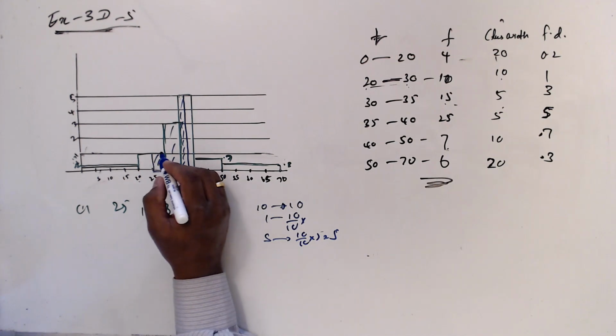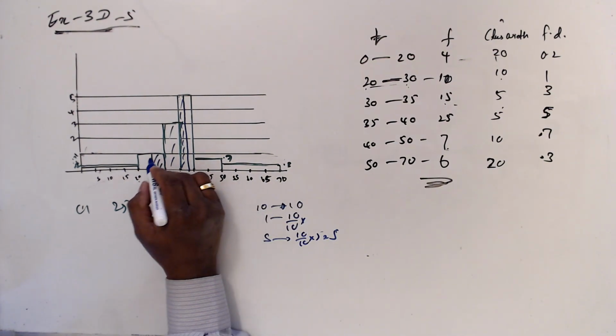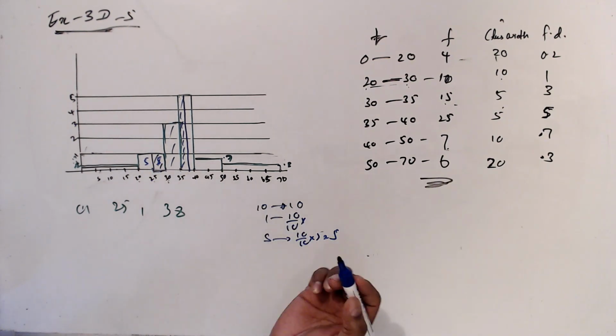It means, in other words, it is reasonable that the whole area represents 10. So half of it is 5, 5 each.